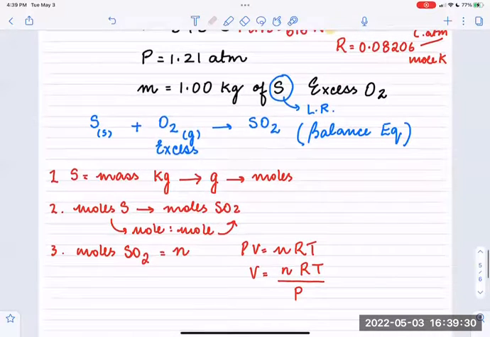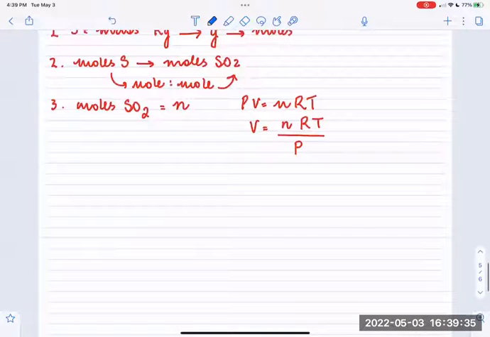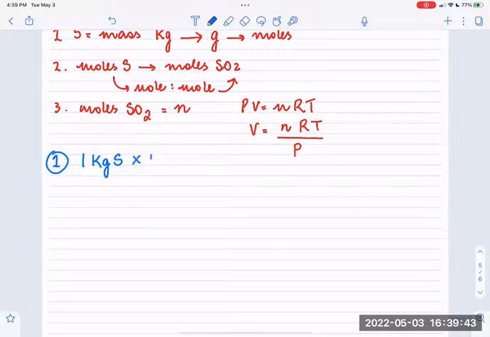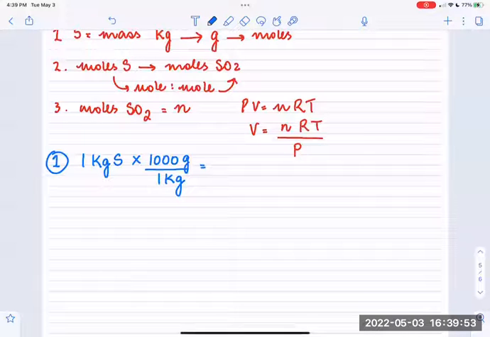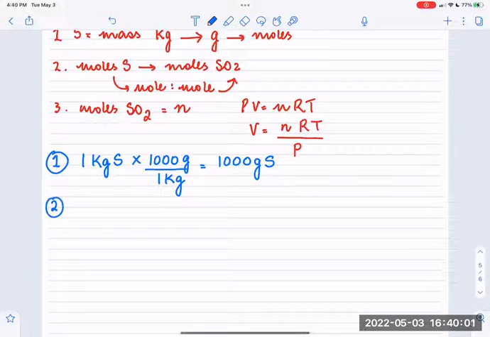Okay, so let's do this strategy. All right, so here, 1 kg. So first step, 1 kilogram sulfur times 1000 grams over 1 kilogram. That's the grams to grams conversion. So this comes out to be 1000 grams of sulfur. Okay, second step, you're going to take the 1000 grams of sulfur times moles of sulfur.